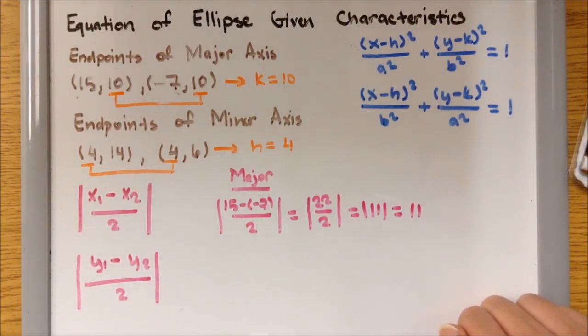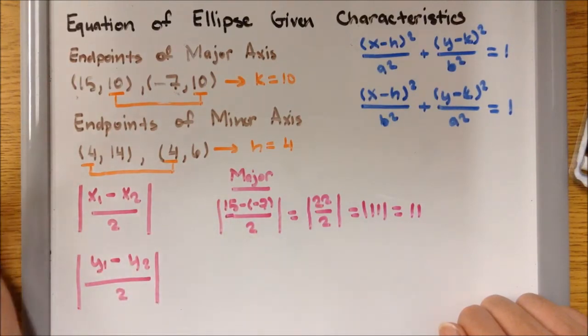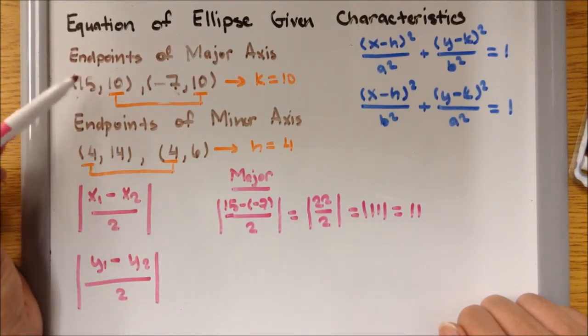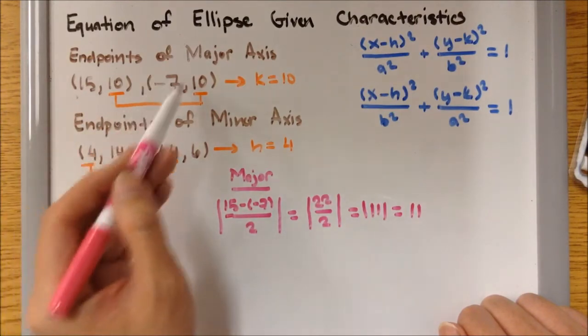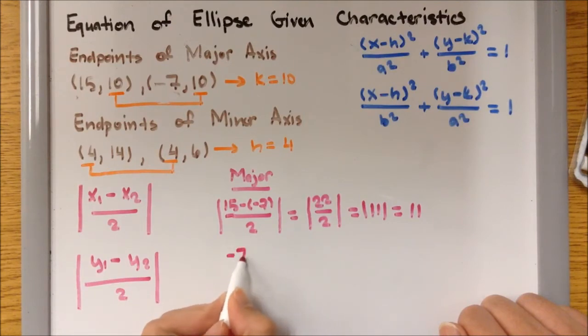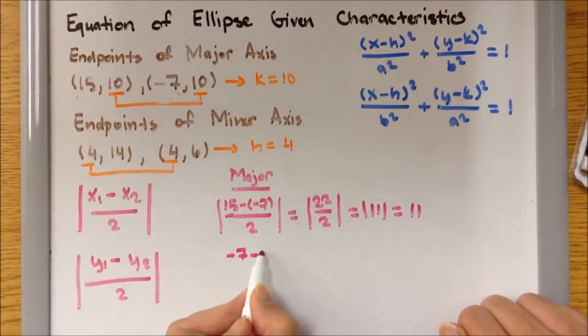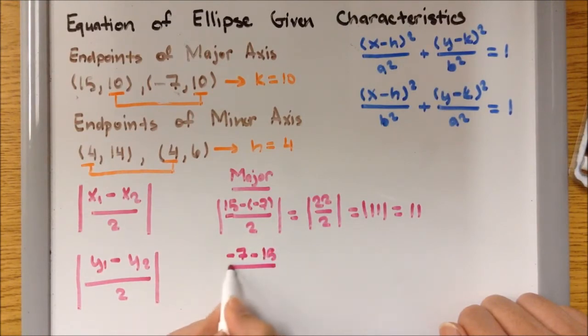Now, what was the point of having an absolute value? Well, you don't always have to start with the number on the left side as the first number. You can choose to use the second one, which is -7. So let's use -7 minus, for x2, 15, over 2, again inside the absolute value.